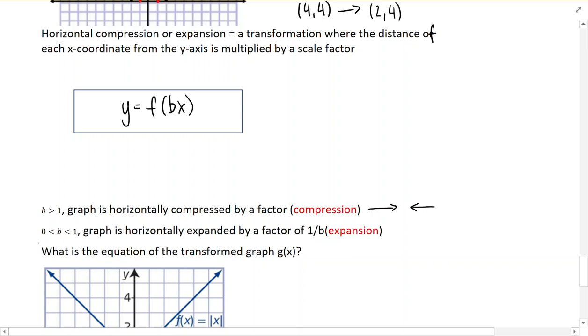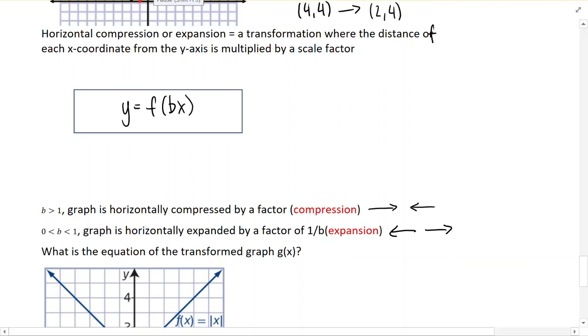And when b is between 0 and 1, then the graph is horizontally expanded by a factor of 1 over b. So you do need to make sure you find the reciprocal before you figure out how it expanded. Whenever we're dealing with horizontal transformations, you do have to be a little more careful.